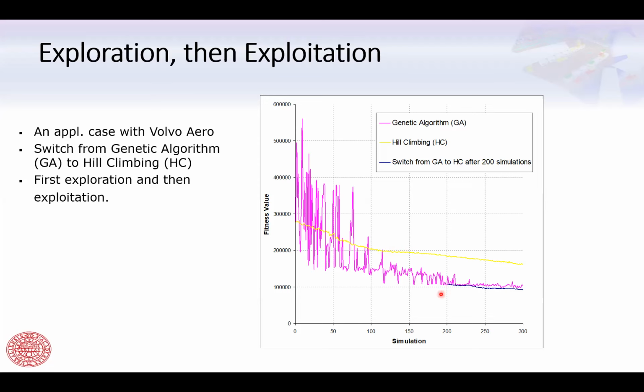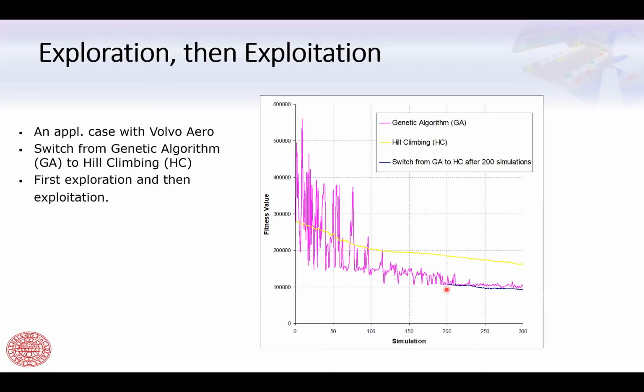But if you compare the pink line with the yellow line, you could see that the genetic algorithm from the beginning already beat hill climbing pretty well, because the value is much lower if we are aiming at minimization.